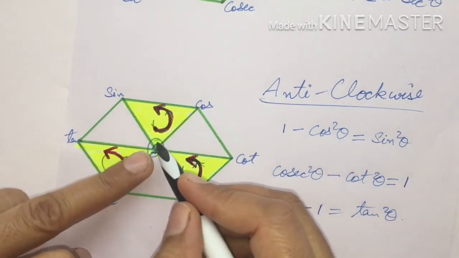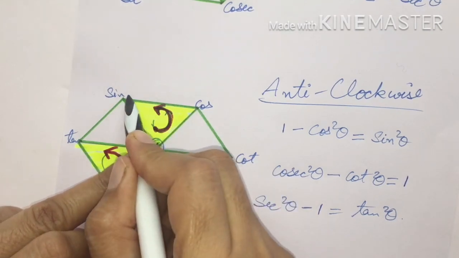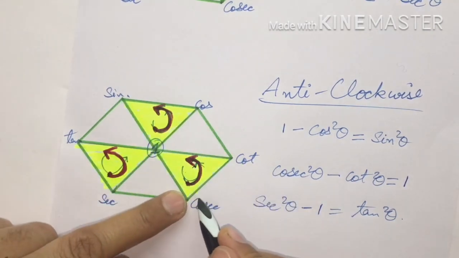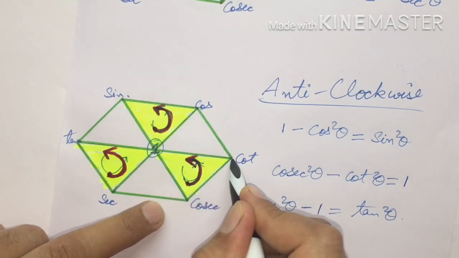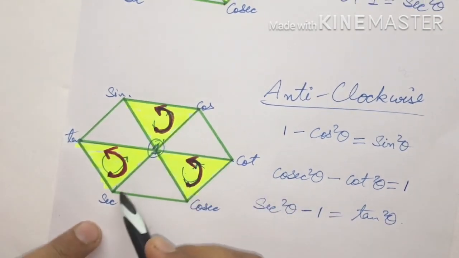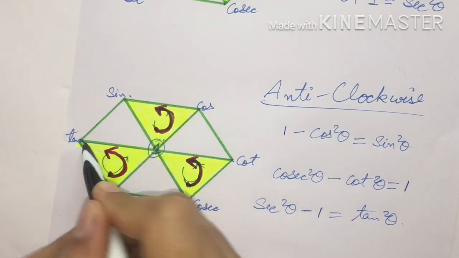So in the first triangle, we start from 1 minus cos square theta is equal to sine square theta. In the second triangle, cosecant square theta minus cot square theta is equal to 1. In the third triangle, secant square theta minus 1 is equal to tan square theta.